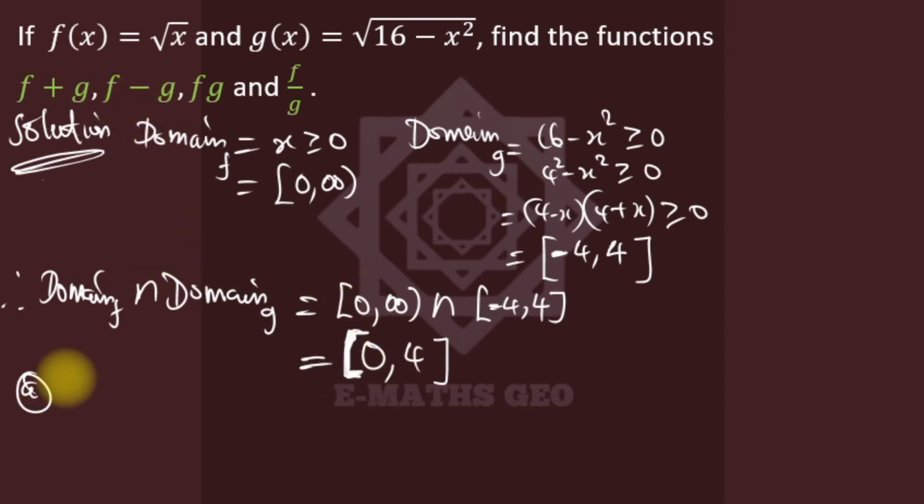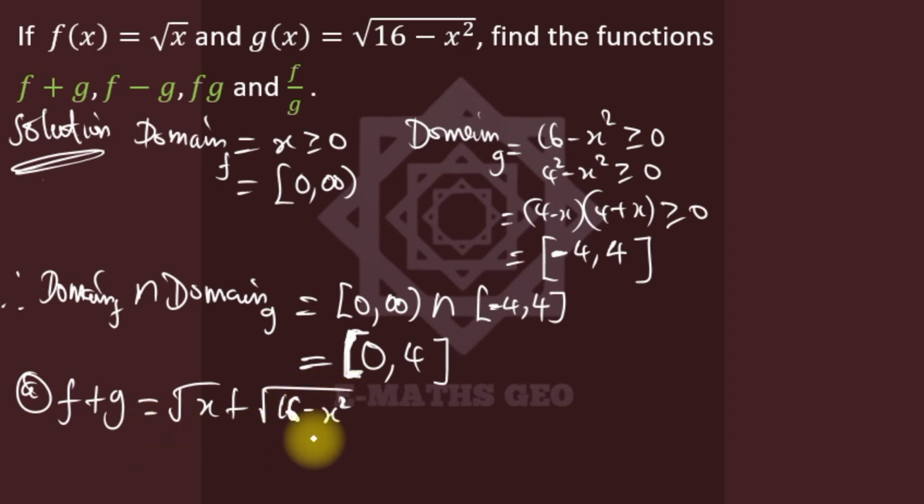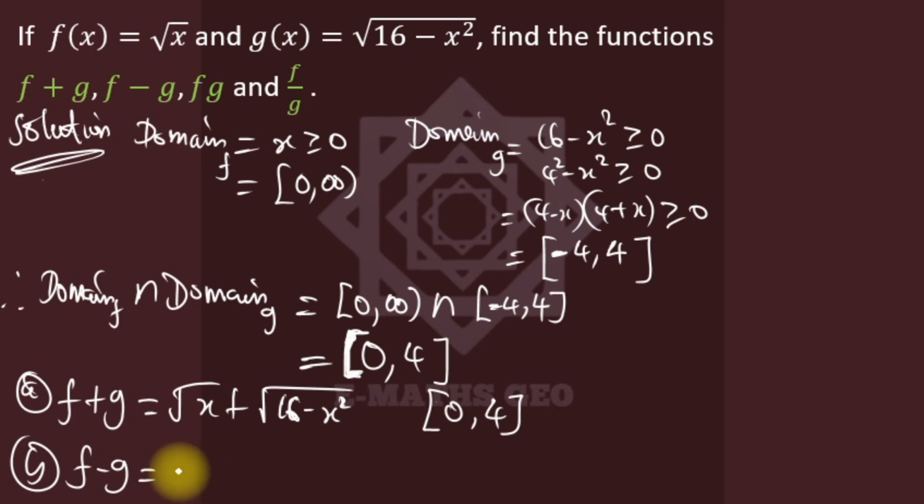We've gotten the domains. So f plus g is now root x plus root 16 minus x squared. So that's the combined function, which has domain 0 to 4. The second one, f minus g, is root x minus square root of this.